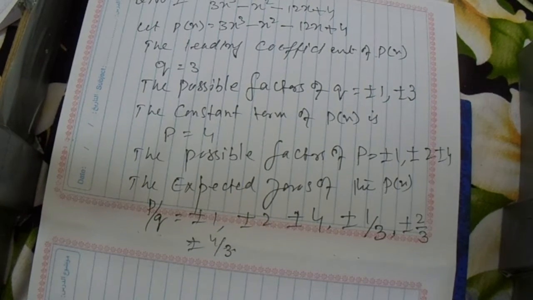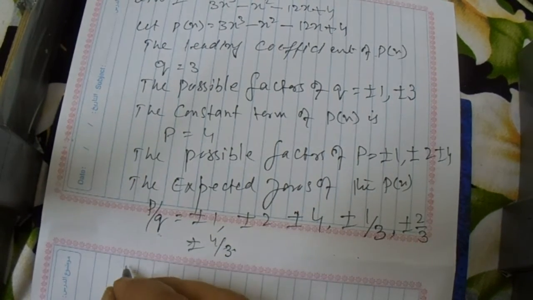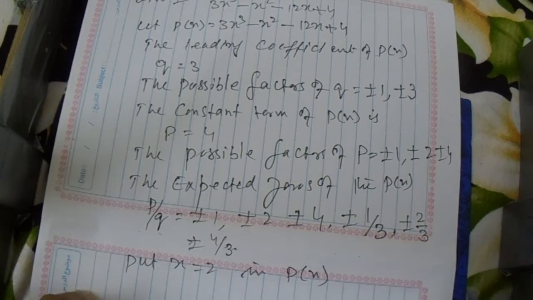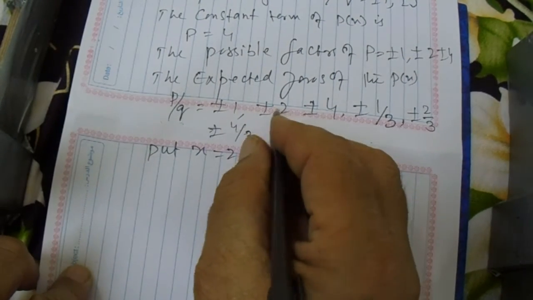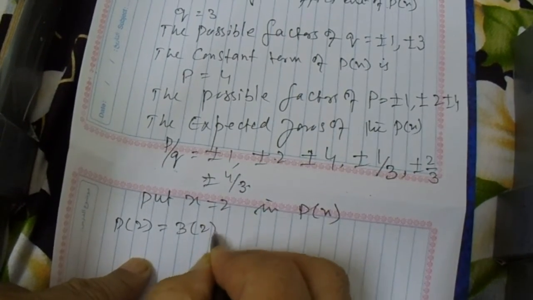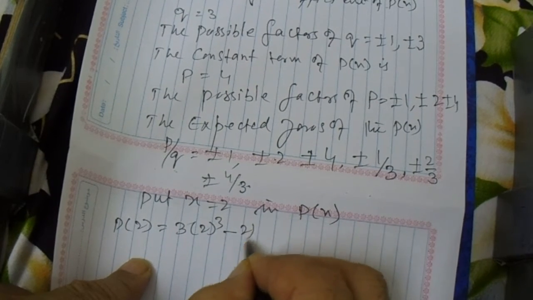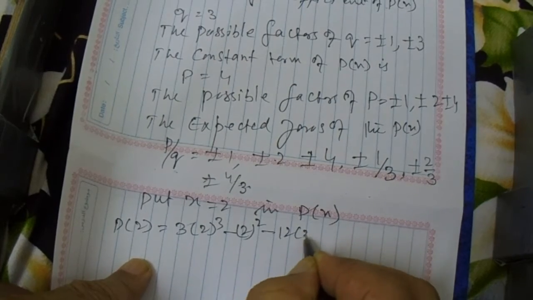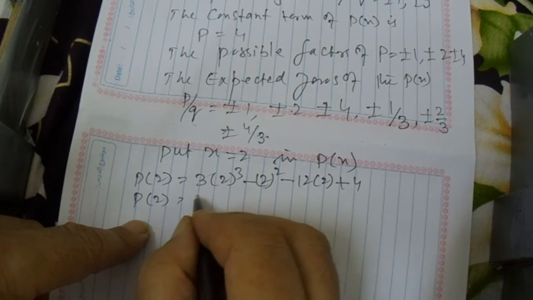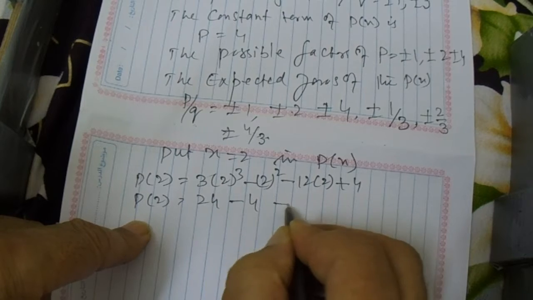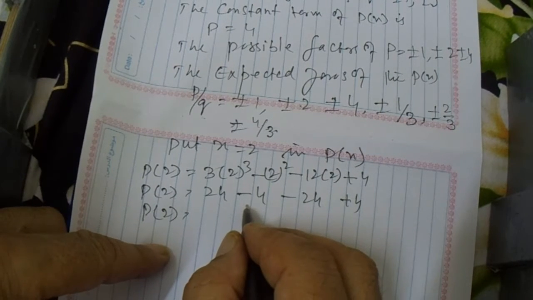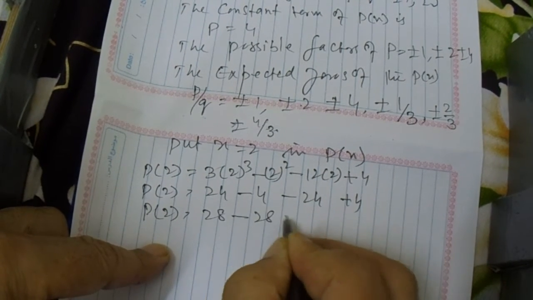Now put x equal to 2 in P(x). P(2) = 3(2)³ − 2² − 12(2) + 4. P(2) = 24 + 4 − 24 + 4... 28 − 28 = 0.